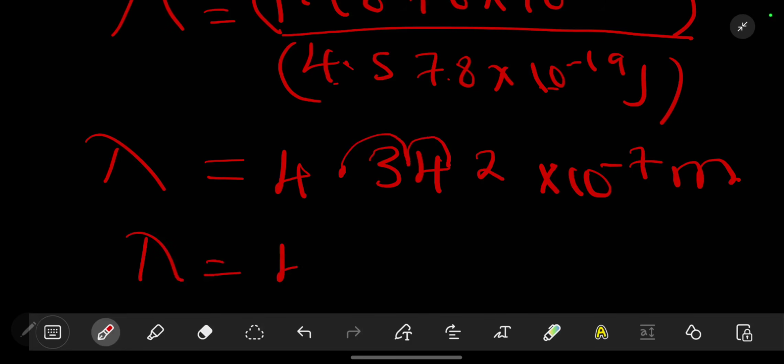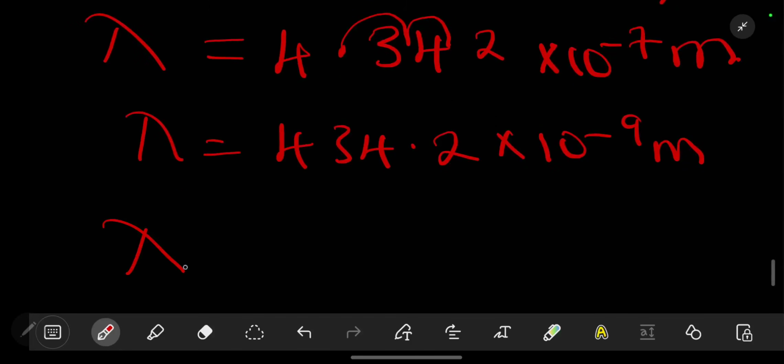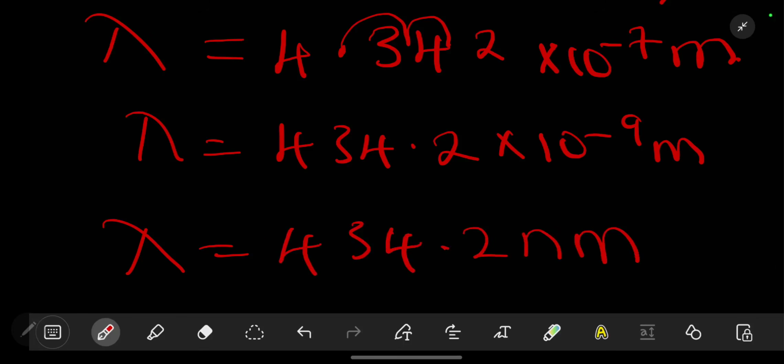So the wavelength is equal to 434.2 times 10, and each time you move this side, it will be an addition of a negative. So finally the wavelength is equal to 434.2 nanometers. Whichever method you use, you're going to arrive at the same answer.